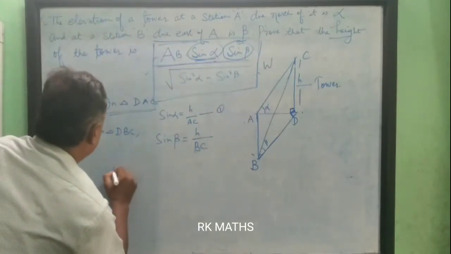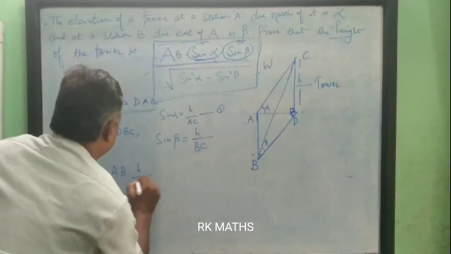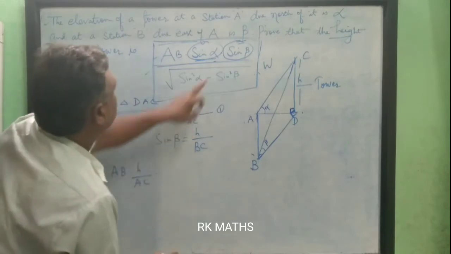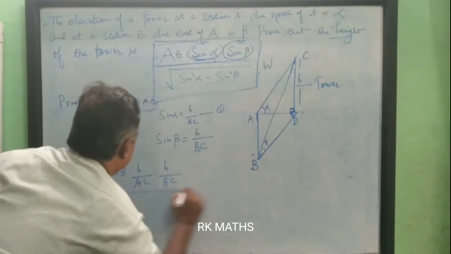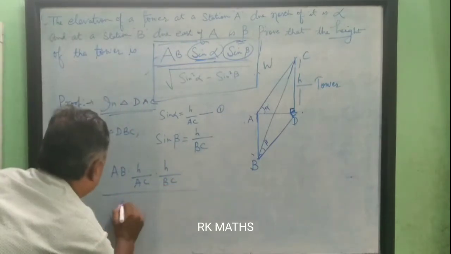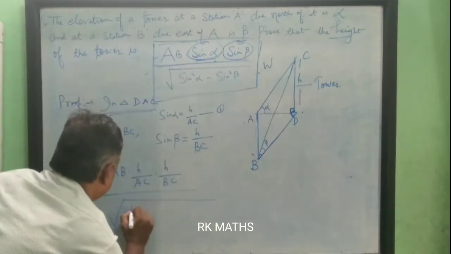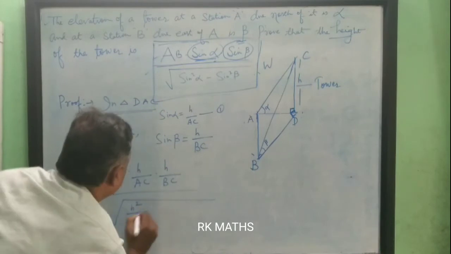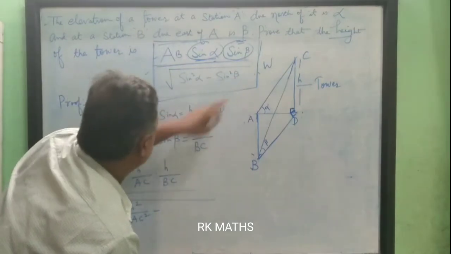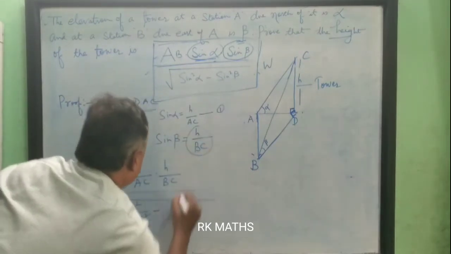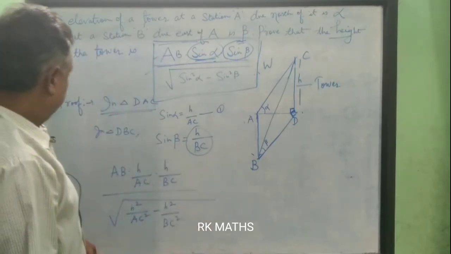So AB into sin alpha is h by AC, into sine beta is h by BC, divided by under root sine square alpha is h square by AC square minus sine square beta is h square by BC square. Note down.